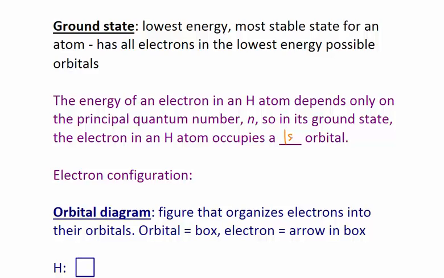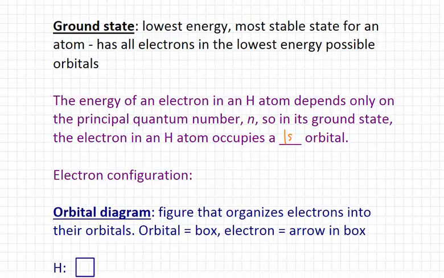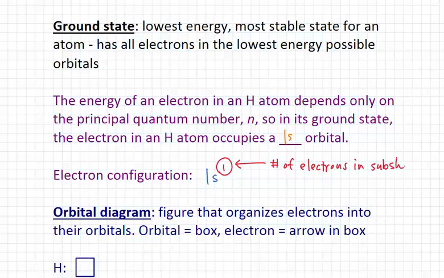So the electron of an H atom in its ground state occupies a 1s orbital, and we would write that electron configuration like this, 1s, and we put a little superscript 1 there, because that's just saying the number of electrons in that subshell, in any of the orbitals that are 1s in type.